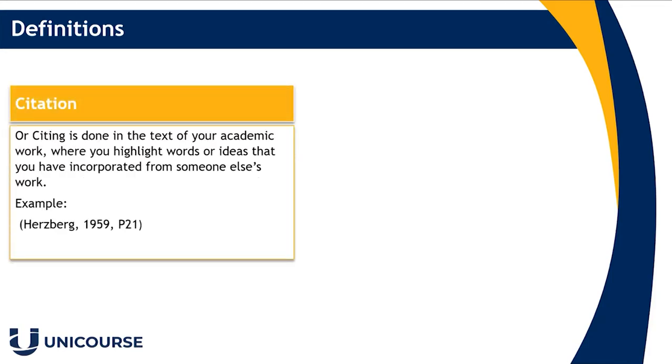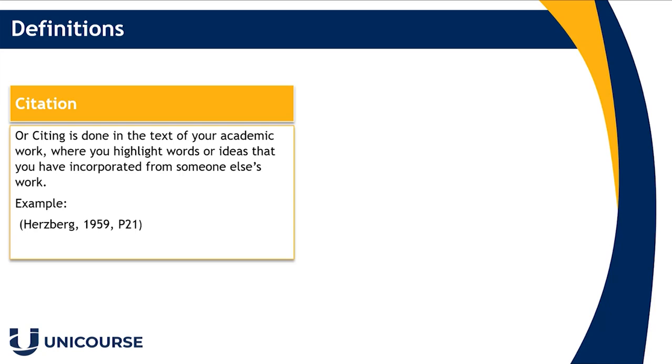Citation is basically a small snippet of the reference in the text of the submission, whether that's an assignment, an essay, a report or a PowerPoint, and it's where you point out any other person's words or ideas within your work.